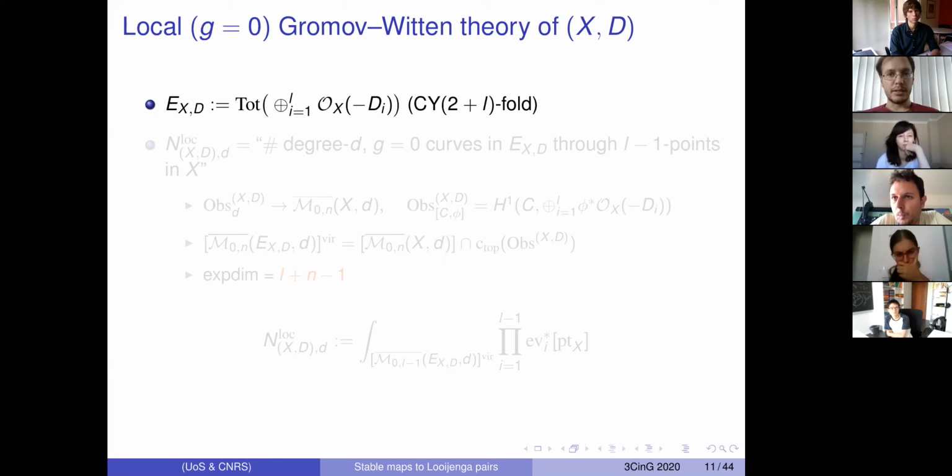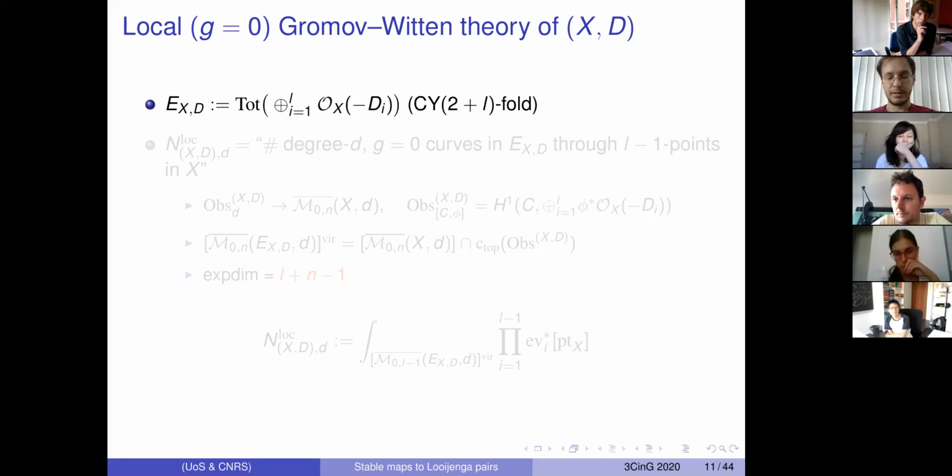So in the first instance, I would like to use D to define an embedding of X into some non-compact higher dimensional Calabi-Yau variety by taking the total space of the direct sum of the dual line bundles to each of the irreducible components Di. And because their sum is anticanonical, this total space is a Calabi-Yau 2 plus L fold, as a rank L bundle on X.